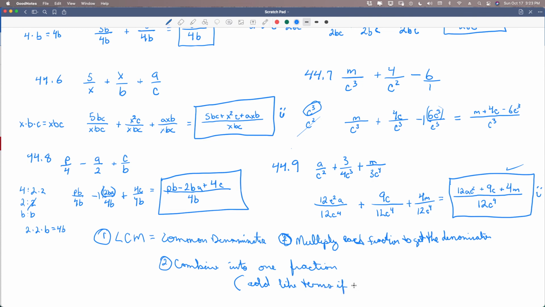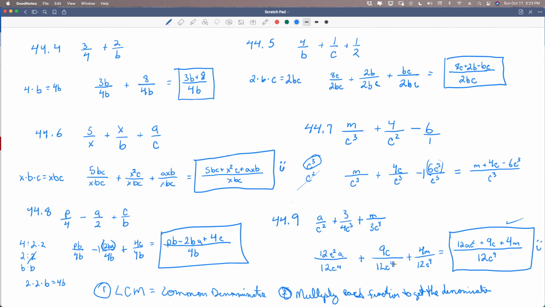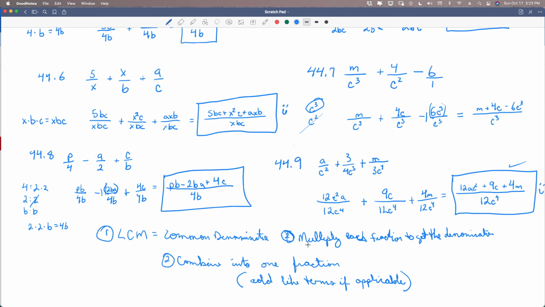If applicable. That's what that means. If you have like terms, like in one of these problems, we had some like terms. I think it was one of the early ones. But if you have like terms, you can put them together when you combine into this final fraction.